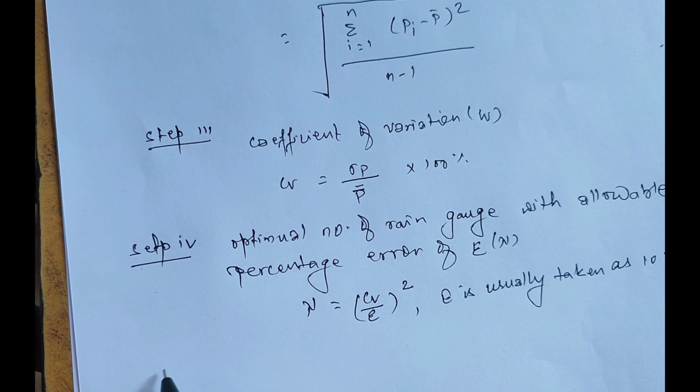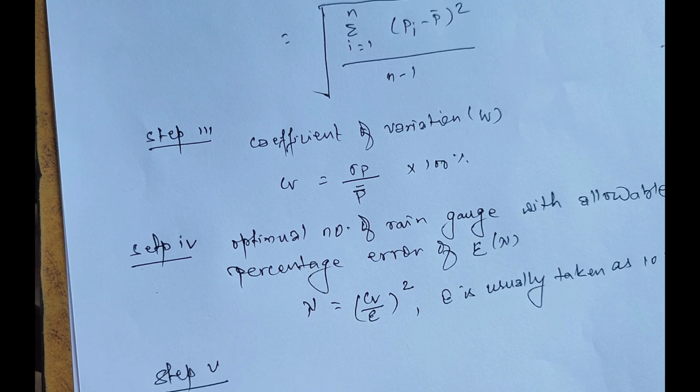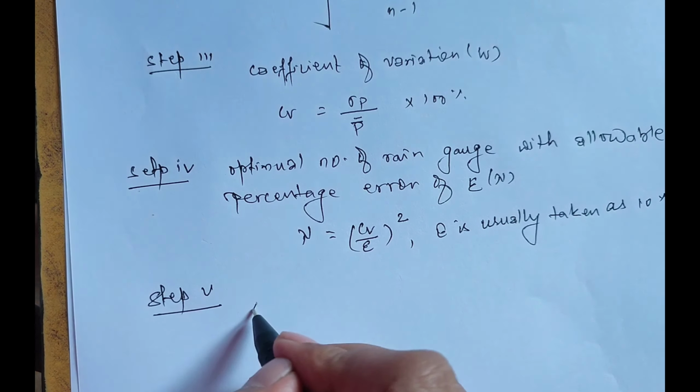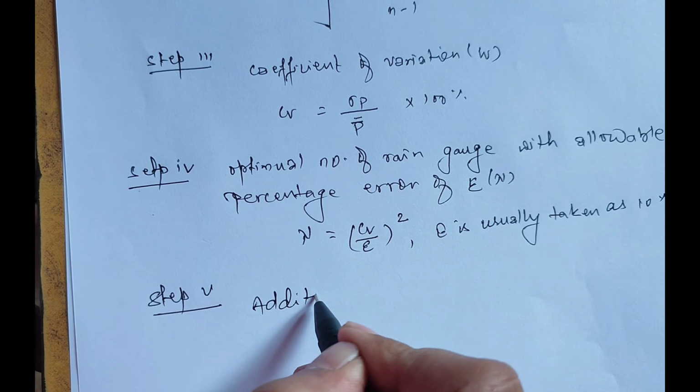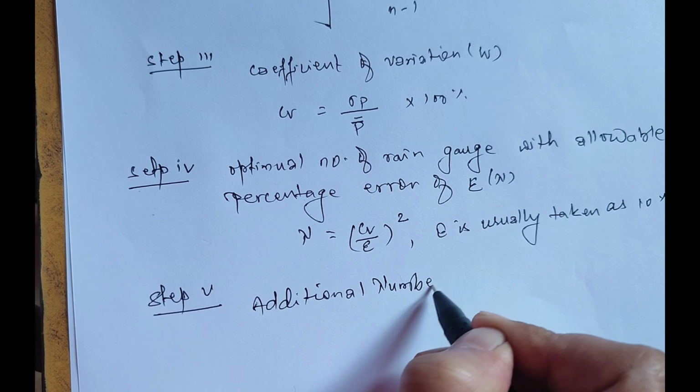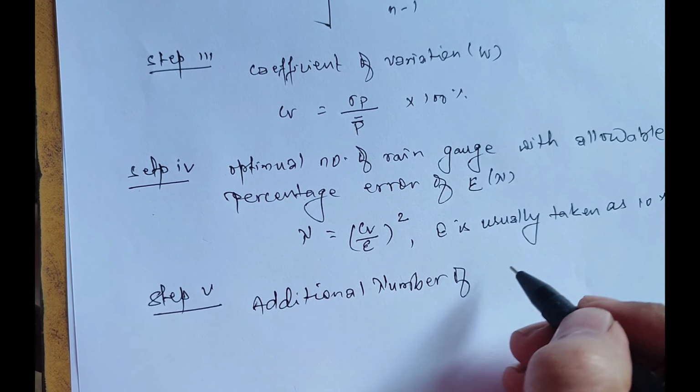And the last stage, step 5, is calculation of the additional number of rain gauges required.